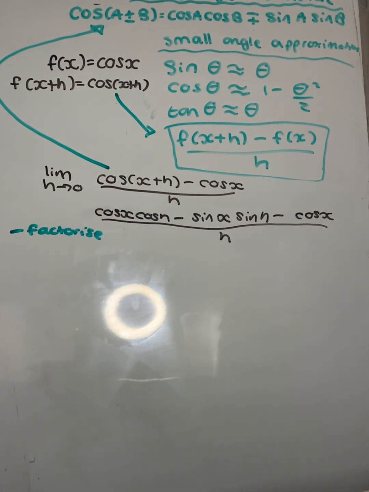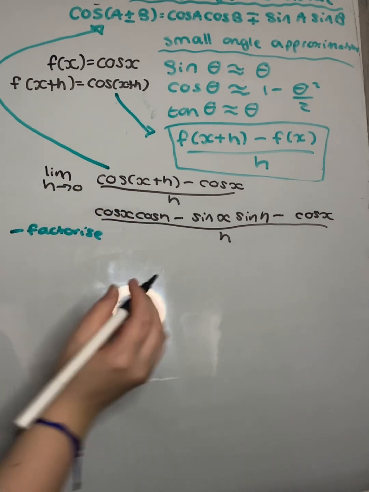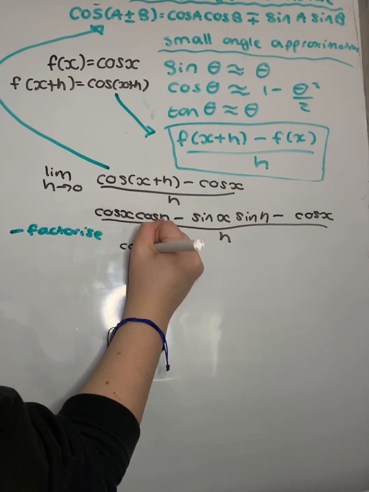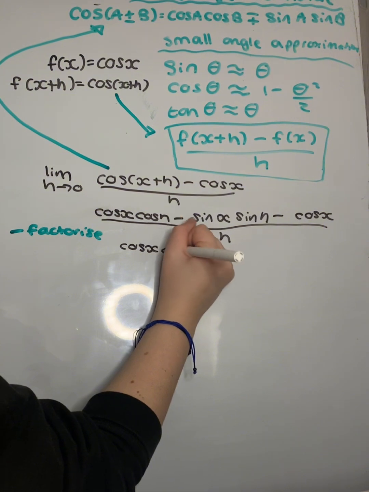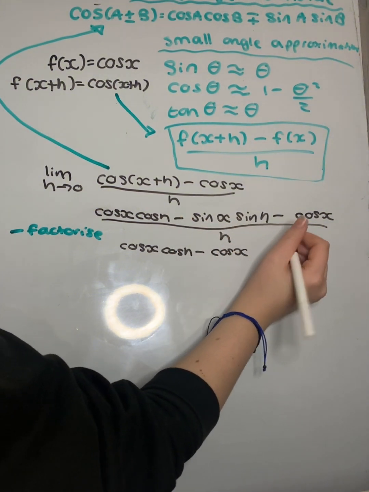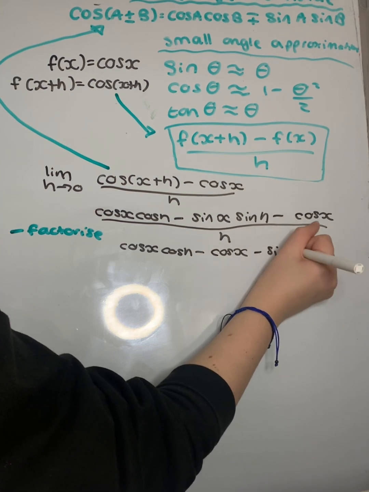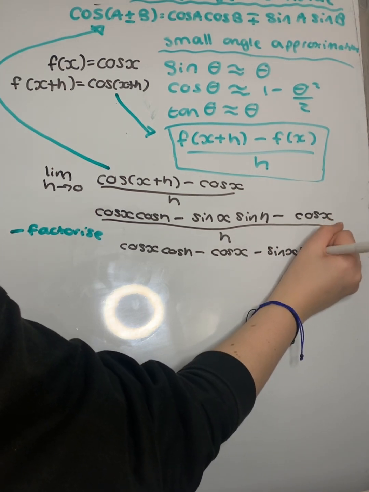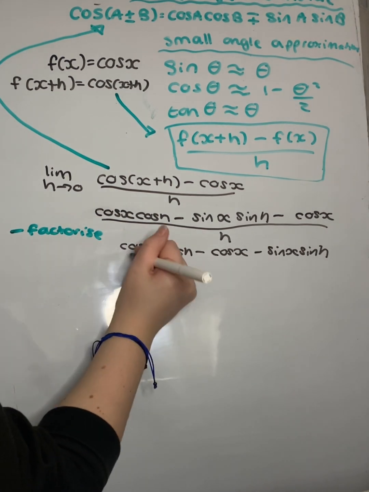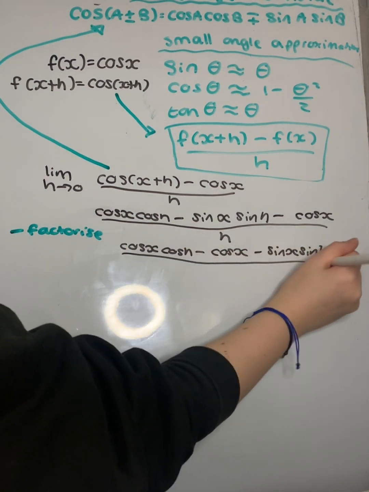Then I'm going to factorize cos of x out of the numerator, but first I'm just going to write it so you can clearly see that there's cos of x in two of the terms. So cos of x cos h, and then minus cos x, and then just minus sin x sin h. I'm just rearranging the numerator, and that's all over h.